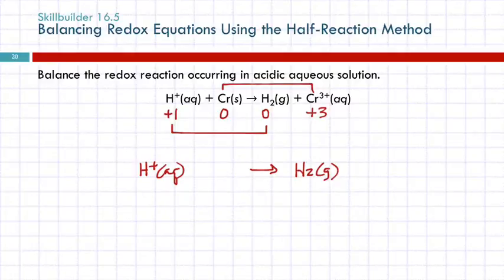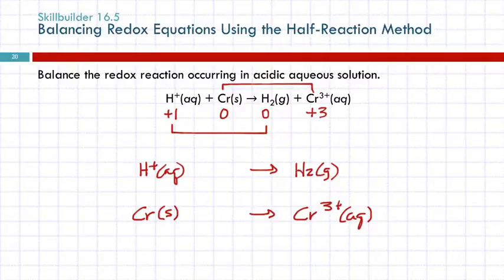So that's one half reaction. And then I've got Cr going to Cr3+. So I took the one reaction and I pulled it apart into two pieces. Any questions?